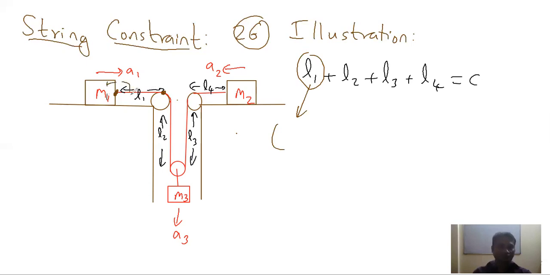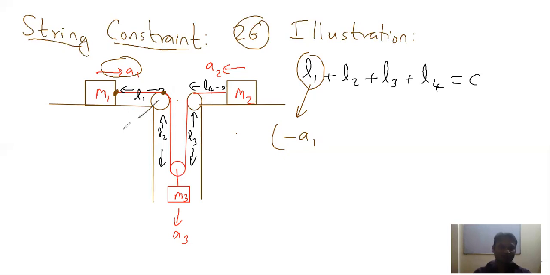Because of the motion of mass M1, the length L1 decreases, so the acceleration value will be negative. Because the length is decreasing due to the acceleration of the mass in the right direction, we write minus A1. Why minus sign here? Because length L1 is decreasing. So this one point we have written here.